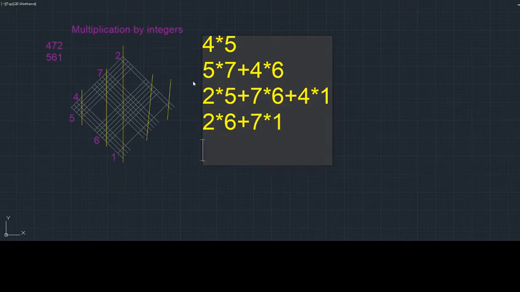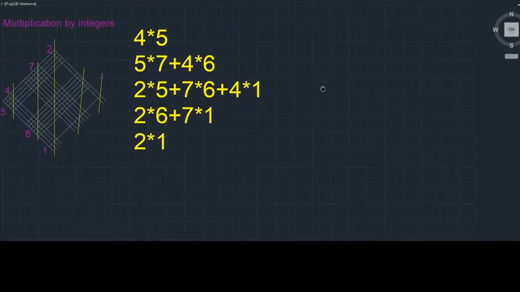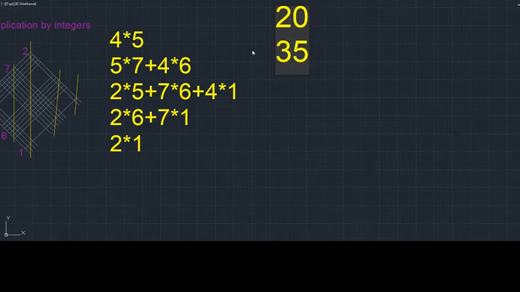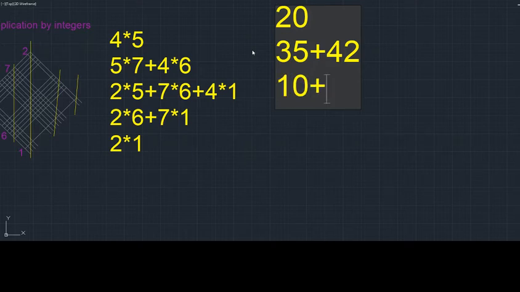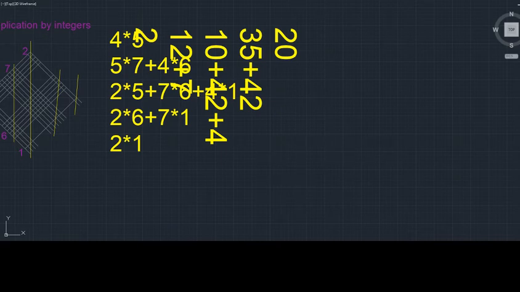And in that last column, we have 2 times 1. So obviously the first column will give us 20. Oh, sorry. This next one will give us 35 plus 42. This third column will give us 10 plus 42 plus 4. Fourth column gives us 12 plus 7. And obviously the last column gives us 2.